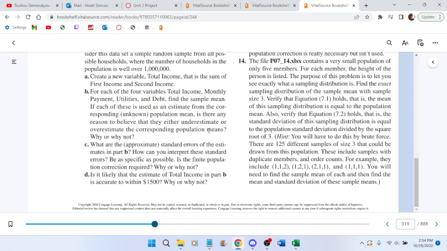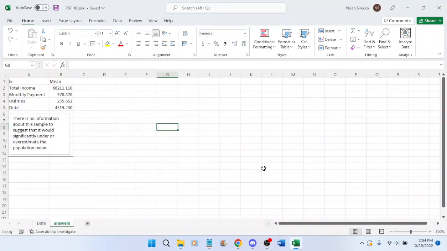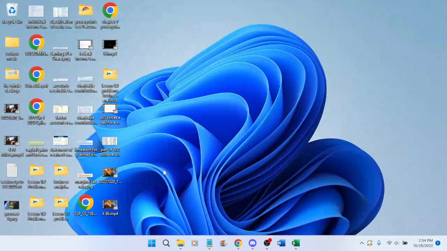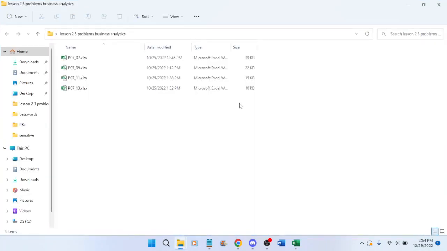That's fine. It's standard error. I forgot how to do that. Standard error. So let's go back to this and figure out how to do standard error.